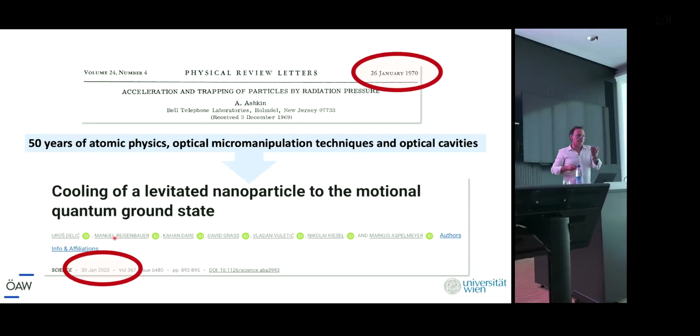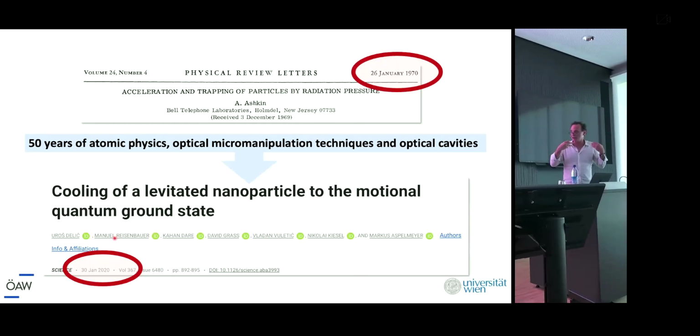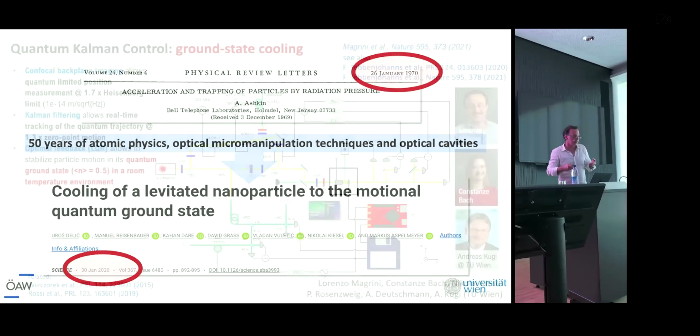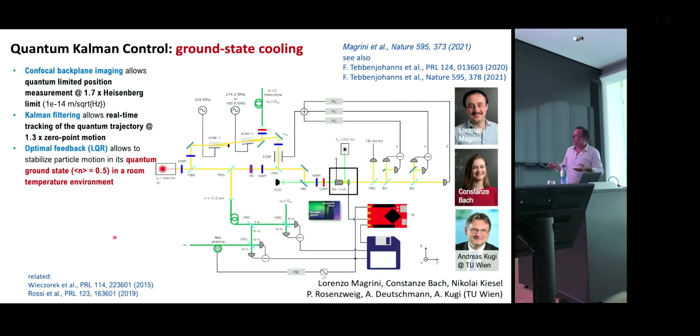What we are also doing today is that the cavity has an extremely strong technological overhead. So what we have also done now is, we come back, here's the laser. Here we are trapping the particle in our vacuum chamber. What we have built now is a backplane imaging method, basically borrowed from biology.